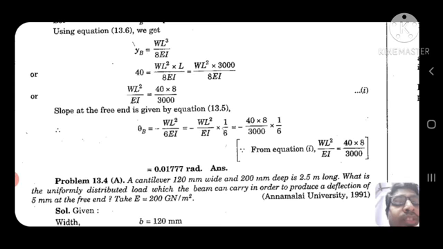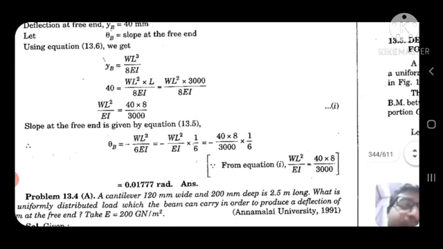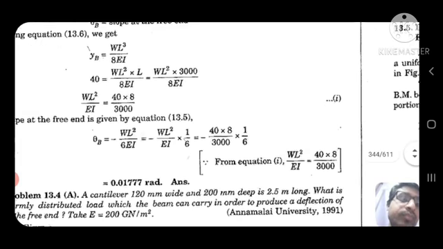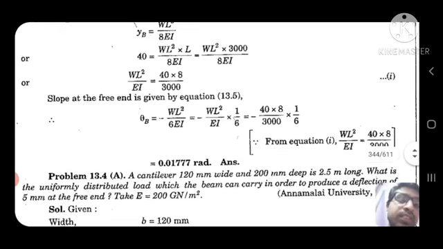Therefore, the slope at the end, from the given equation, theta b is minus WL square by 6 EI, that is minus WL square by EI into 1 by 6, minus 40 into 8 by 3000 into 1 by 6. So WL square by EI is equal to 40 into 8 divided by 3000.